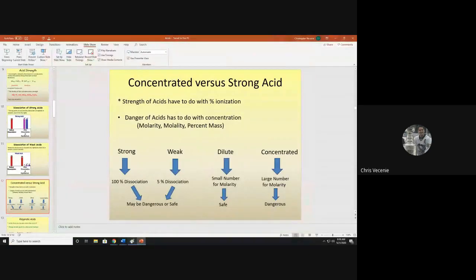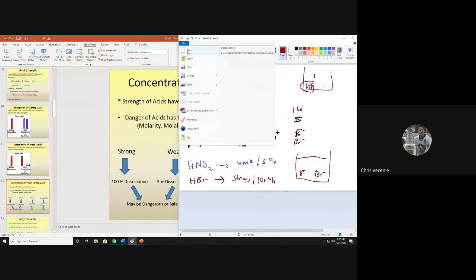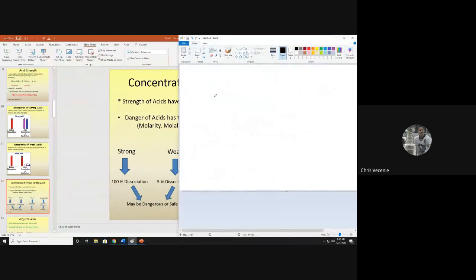So what we can do is make sure we understand that idea. If I give you a couple of different acids, we should be able to talk about their strength and their safety.